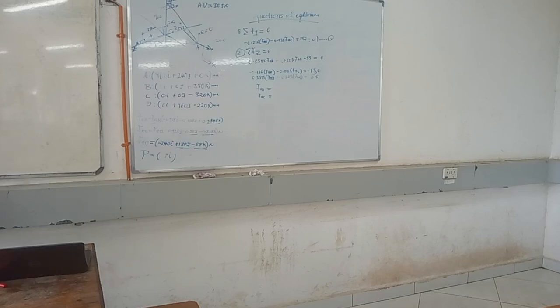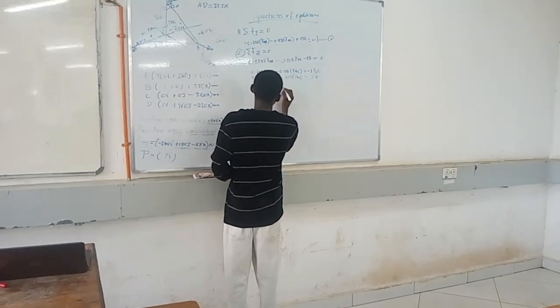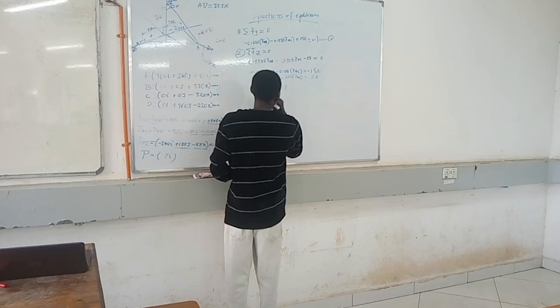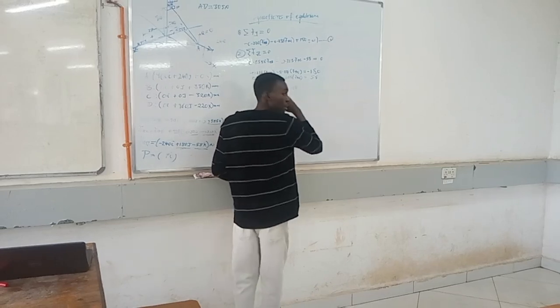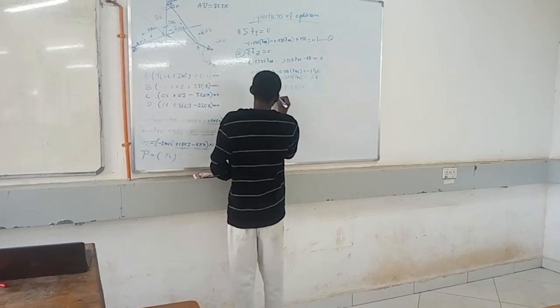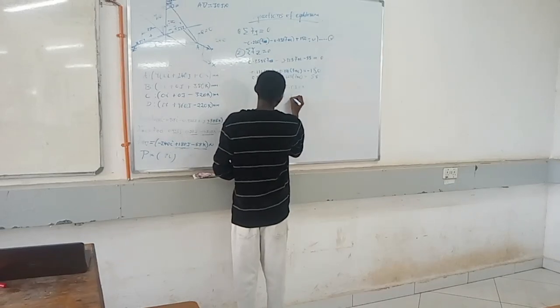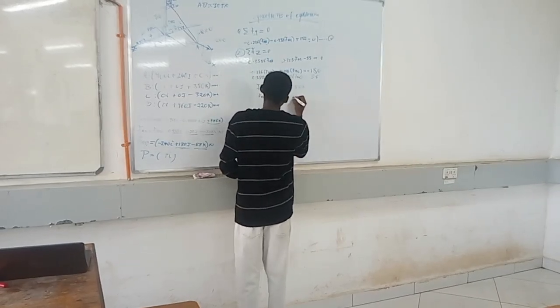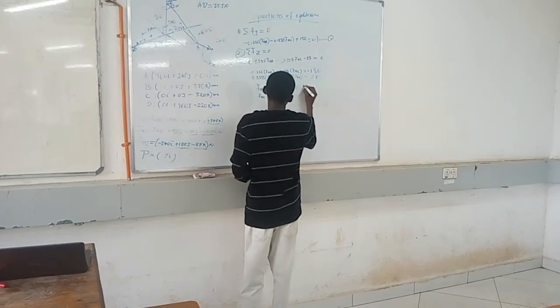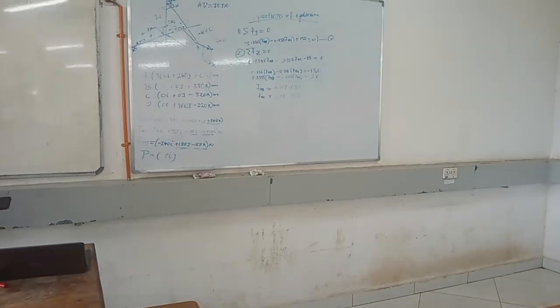Okay. Force AB is 447.083. Force AC is 341.815 newtons. So it means we have found the forces. So you can copy.